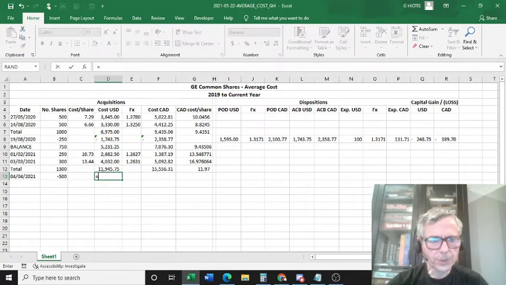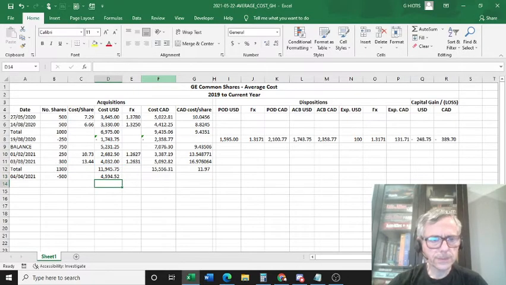So here, we take the total cost divided by the total units held, multiplied by the amount being sold.